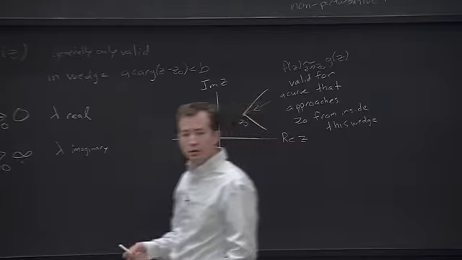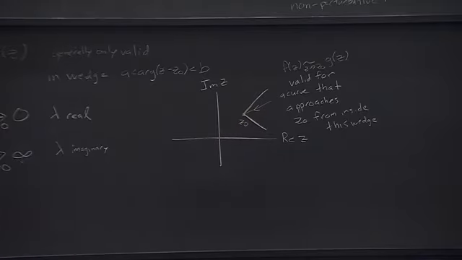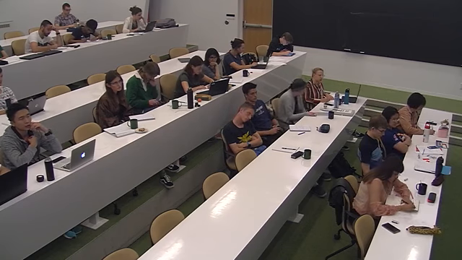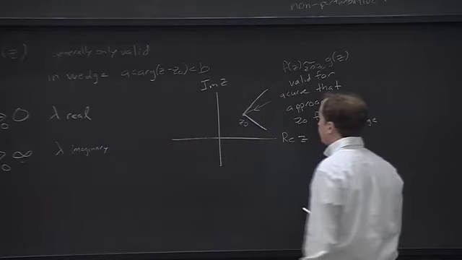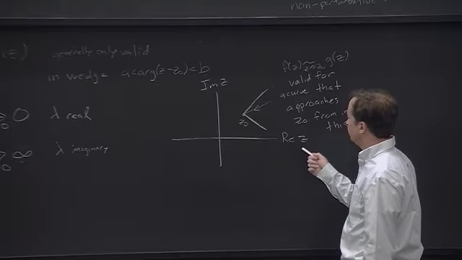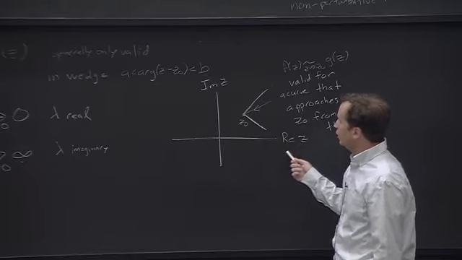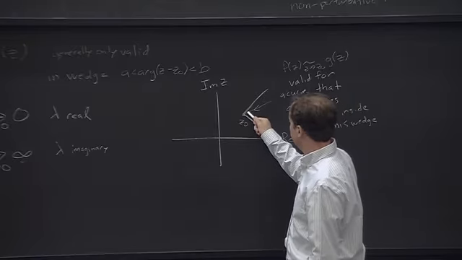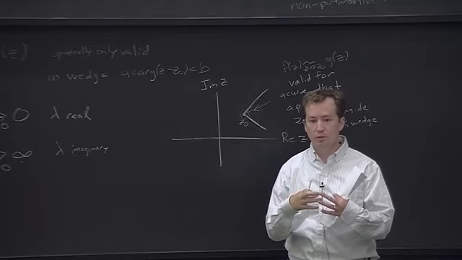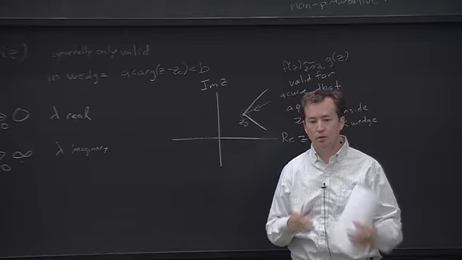So is the angle only relevant with the point z, not with the function? Well, an asymptotic series only tells us about what's going on in an infinitesimal neighborhood. Yeah, I'm talking about the angle.